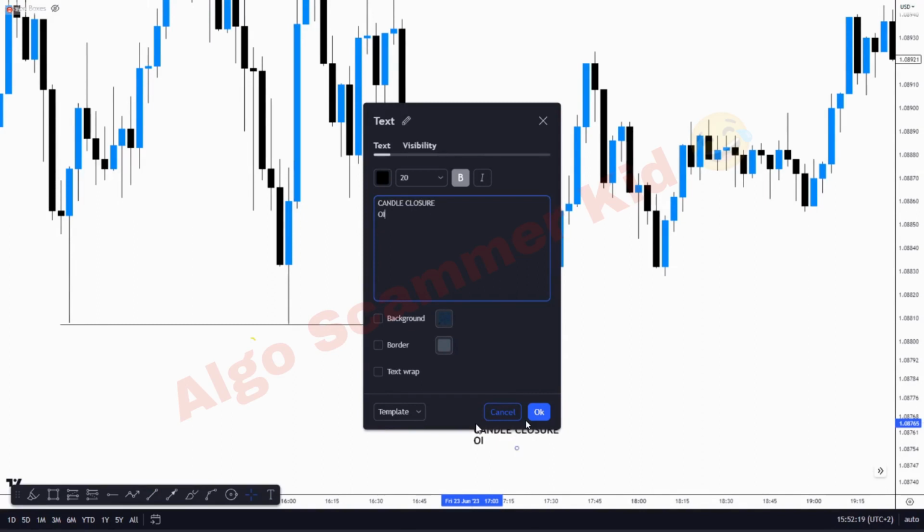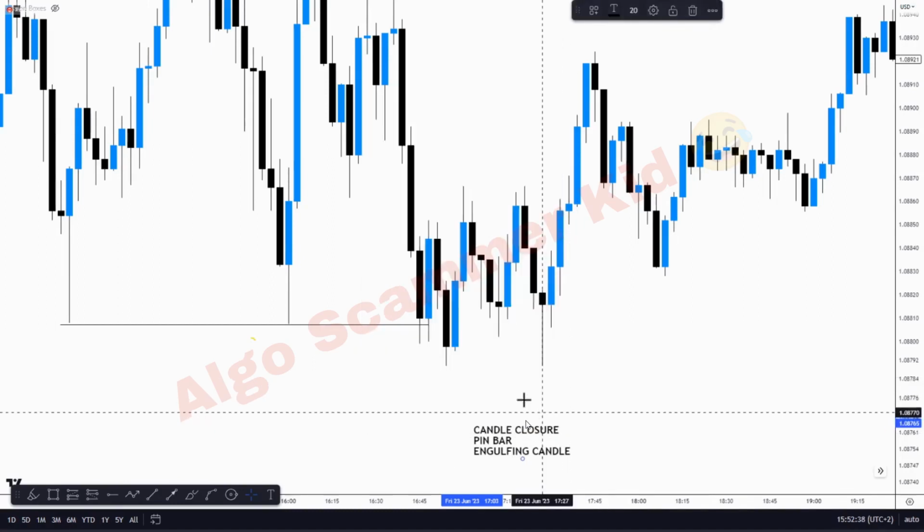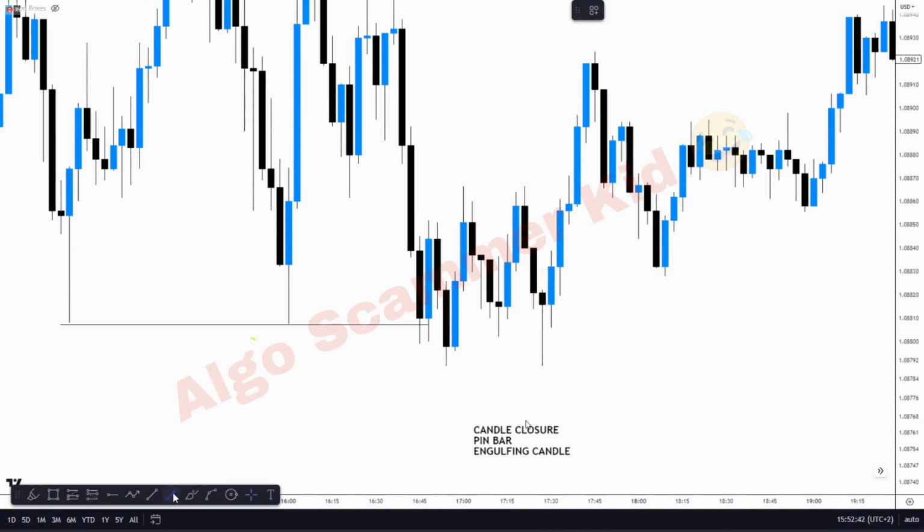We have pin bar. We have engulfing candle. So these are the 3. And sometimes you can have both or even all in one candle.